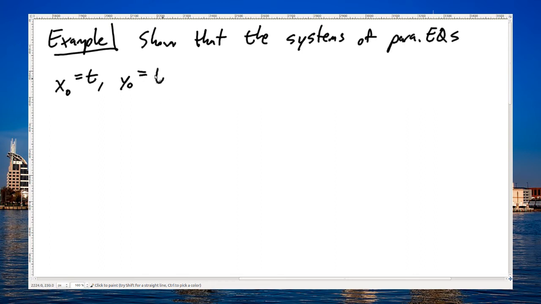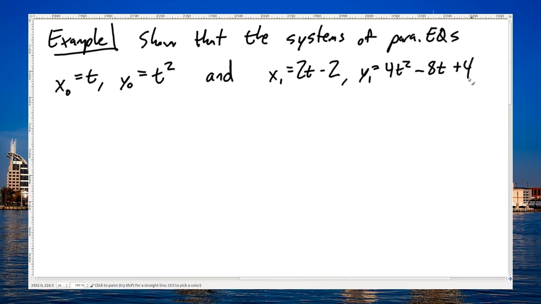Y naught will equal t squared, so that's the first system. And the second system is x1 equals 2t minus 2, and y1 would be 4t squared minus 8t plus 4. I'm going to show that they share the same parametric curve.